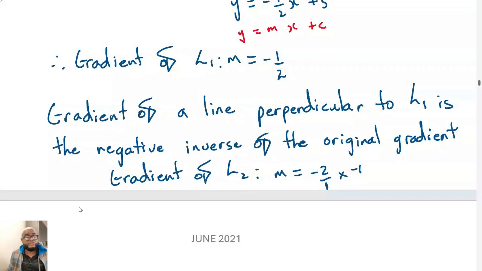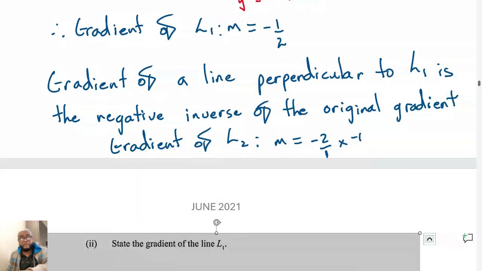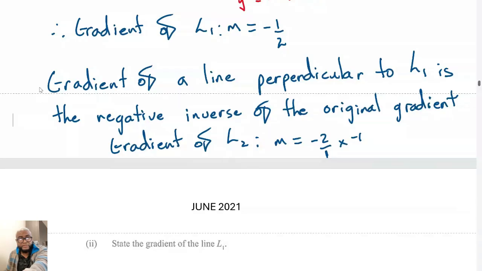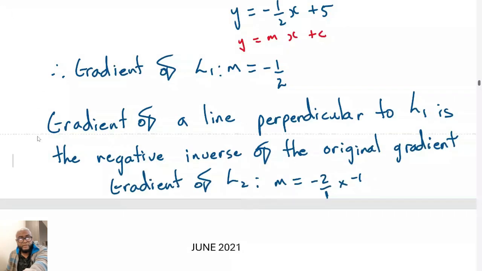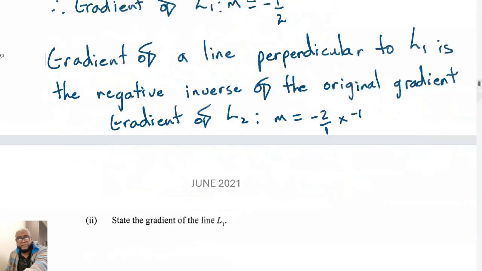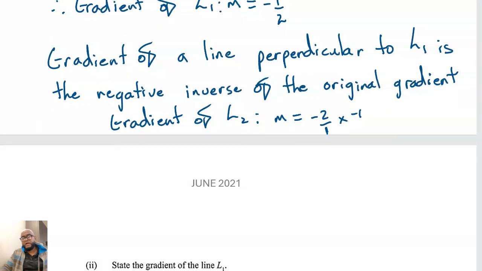So negative 2 over 1 multiplied by negative 1 will actually tell me that the gradient of L2 is positive 2.